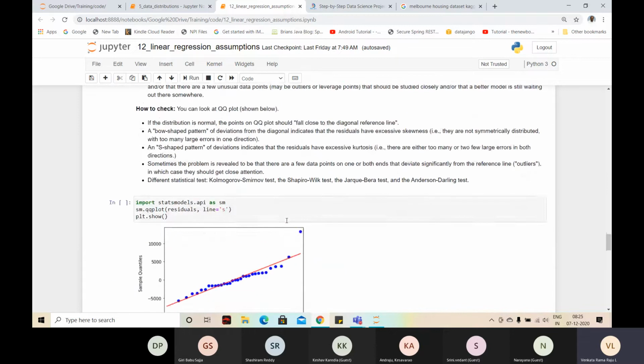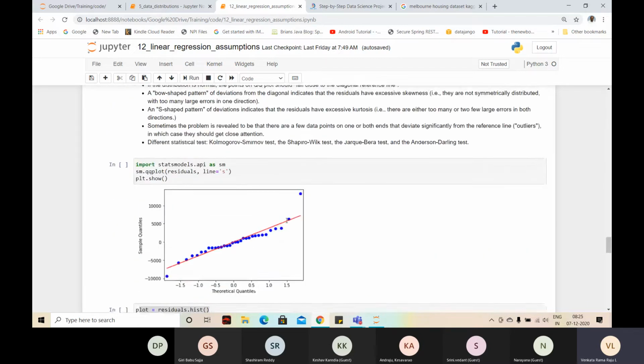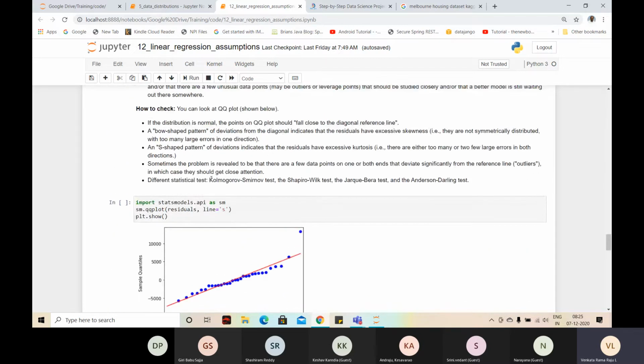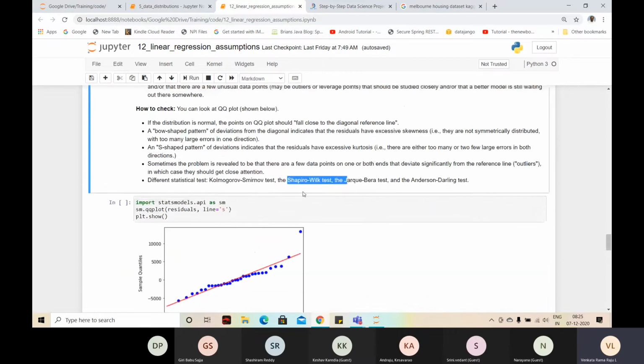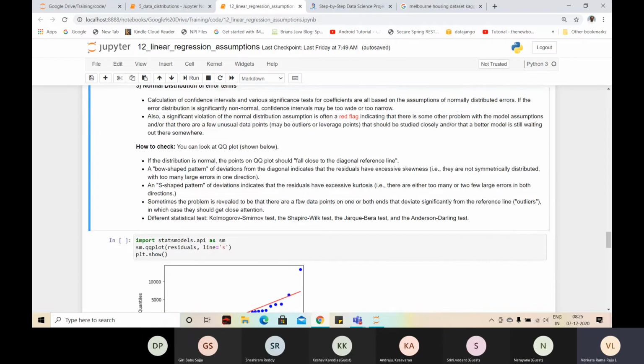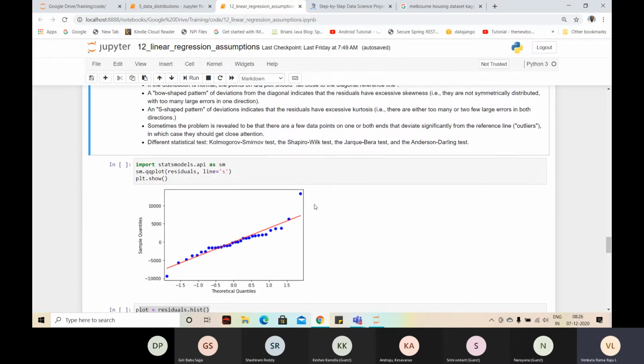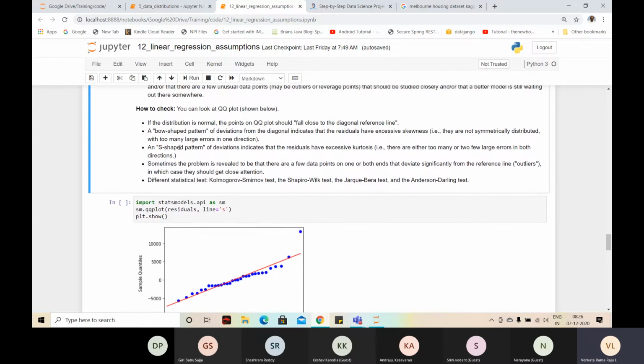So there are tests to find out whether data is normally distributed or not. Kolmogorov and Shapiro-Wilk test, I think I was showing before; I'll talk about the Shapiro-Wilk test in a moment. There are statistical tests with which you can understand whether a given column is normally distributed or not. Here we are looking at the QQ plot.